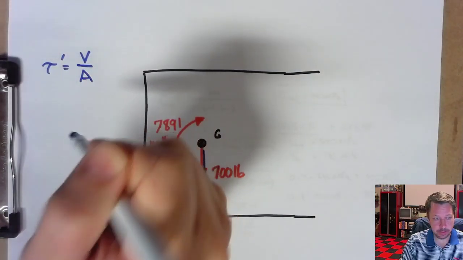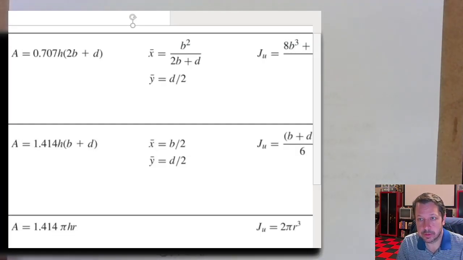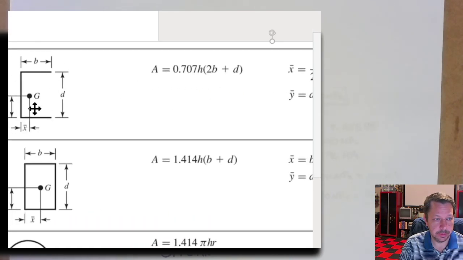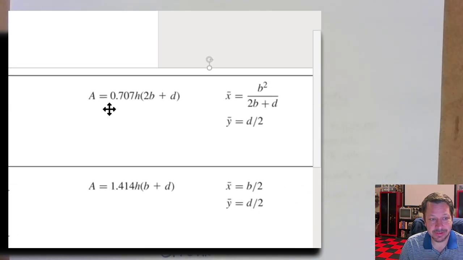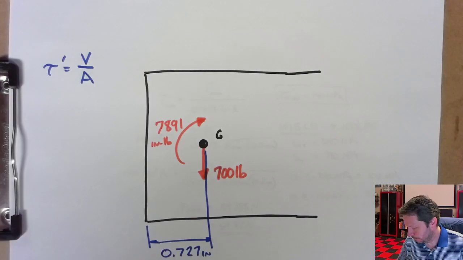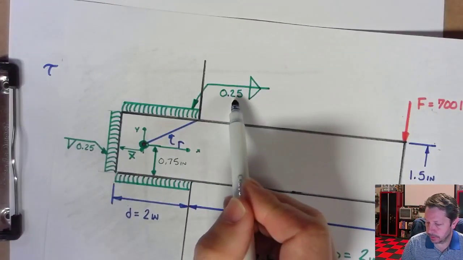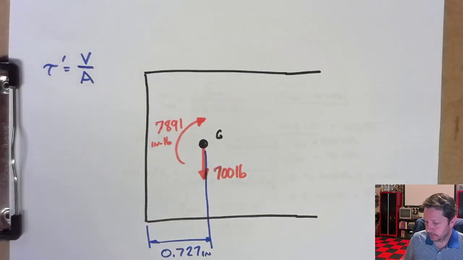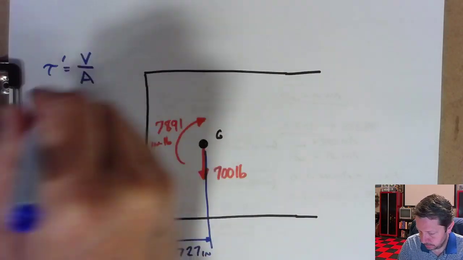They give us in our chart over here a way to calculate the area. Right here's our weld group, here's area: 0.707 H. H for all of our welds is 1/4 inch, 0.25. So let's write that over here.